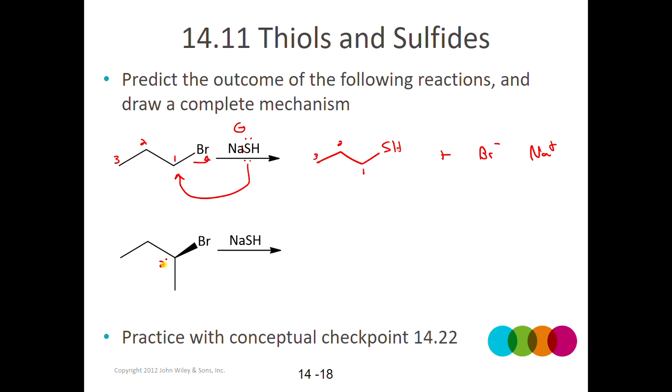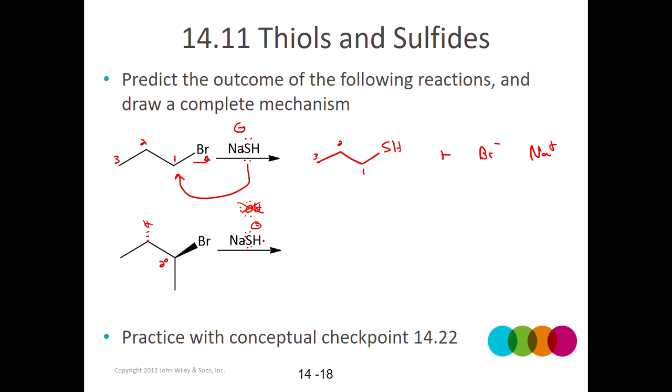If I have a secondary carbon, I still expect the same. So if I had a negatively charged oxygen here, then I have a problem, because this is a good nucleophile. It could come in and attack, but it's also a good base. It might pull off a beta hydrogen and do elimination. So what's nice about the sulfur is the elimination is very minimal.